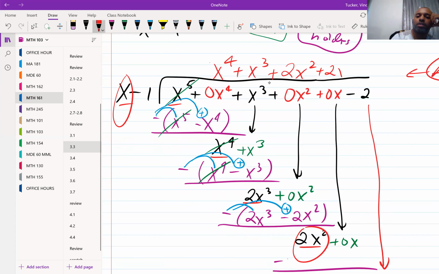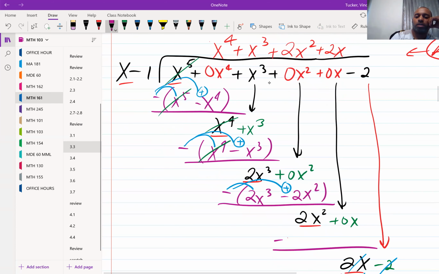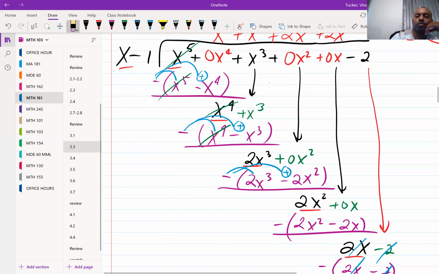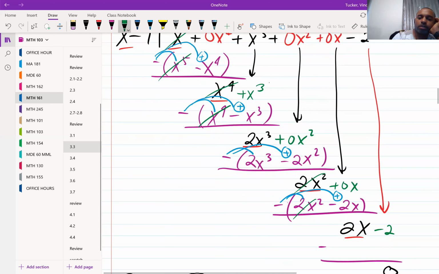And that's just 2x. 2x times both of those. That's 2x squared minus 2x. All right, distribute the negative. Those cancel. Now you have 0 plus 2x, which is 2x.